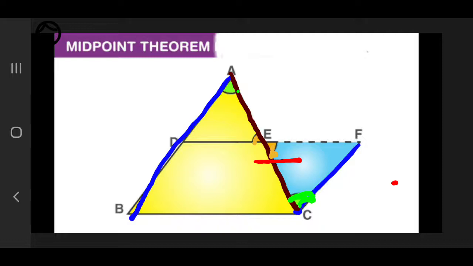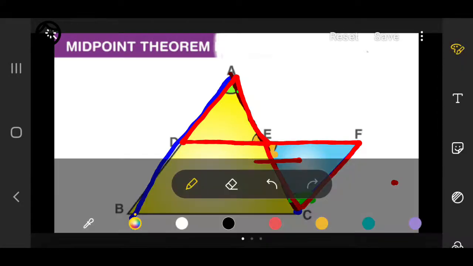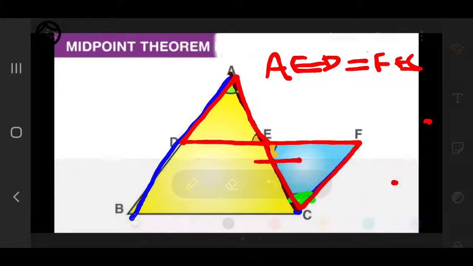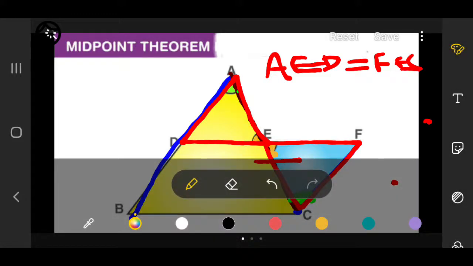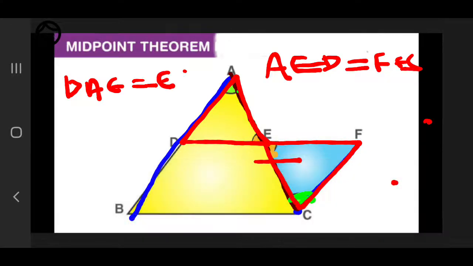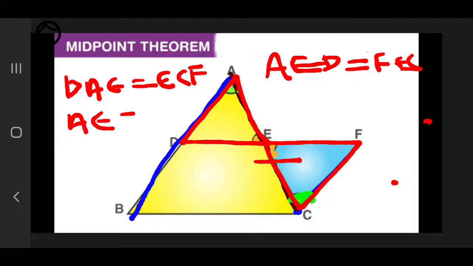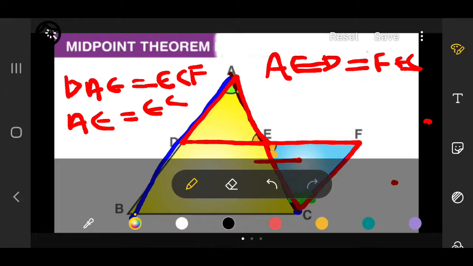So in triangles ADE and EFC, we have two angles and the included side: angle AED equals angle FEC, angle DAE equals angle ECF, and the included side AE equals EC.